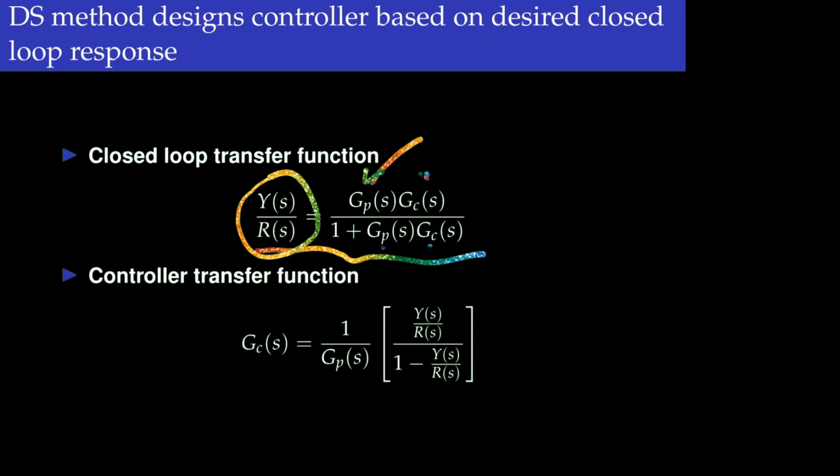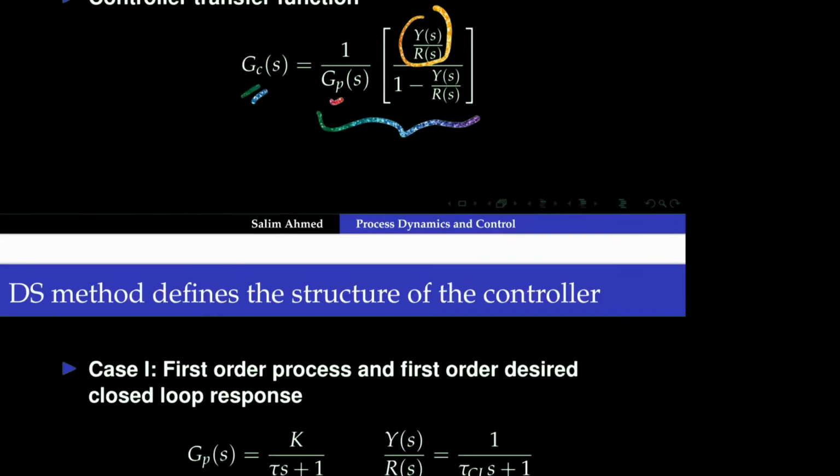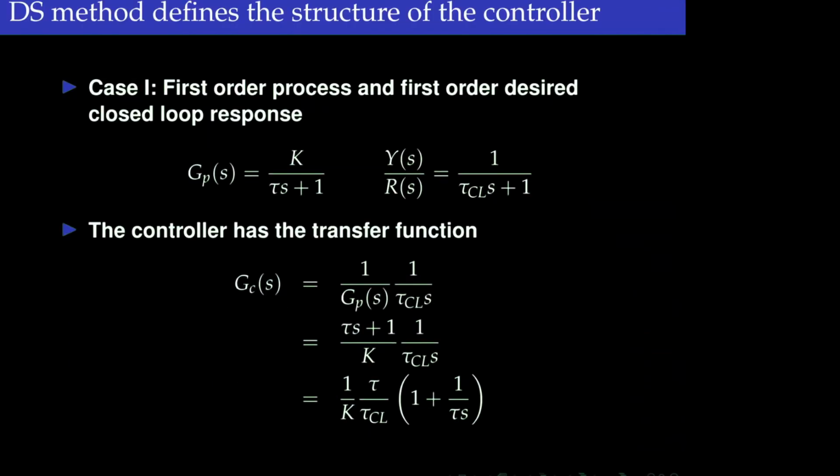So Gc can be calculated from this equation if you know Ys over Rs and Gp. If we reformulate this equation, we get this expression. Now, if this is known and this is known, then we can find Gc and find the controller tuning parameters.